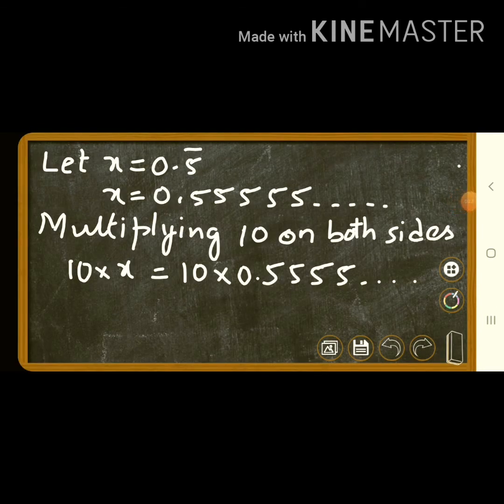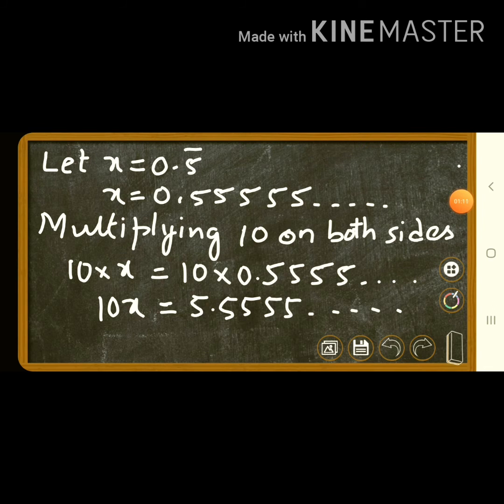We are multiplying 10 on both sides of the equation, with LHS, that is 10 into x, and also RHS, 10 into 0.5555 and so on, which gives us 10x is equal to, the decimal point moves this side because you're multiplying with 10, 5.5555 and so on.